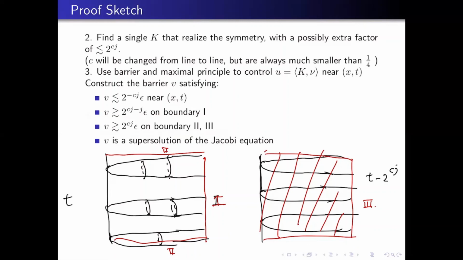And since V is a super solution, U is a solution, the first bound would imply that U also satisfies such a bound near the base points. But that's exactly what we want, because we just want U to be a bit smaller than epsilon near a fixed neighborhood of xt. And this is the basic idea of the proof of the lemma 2.